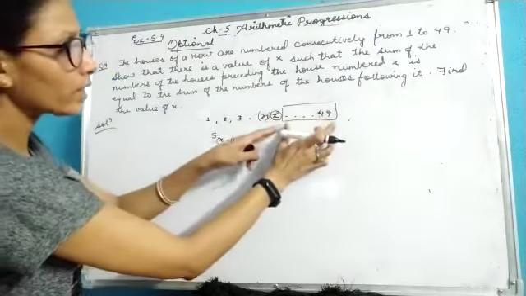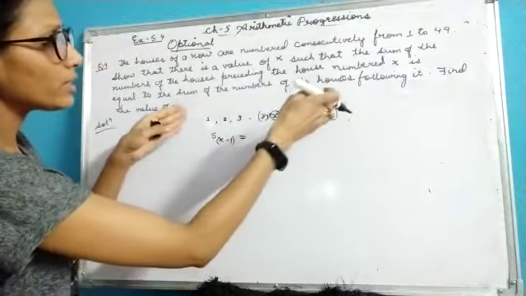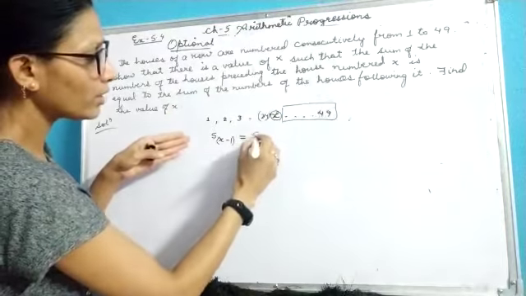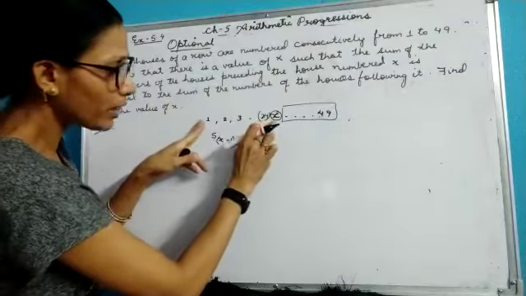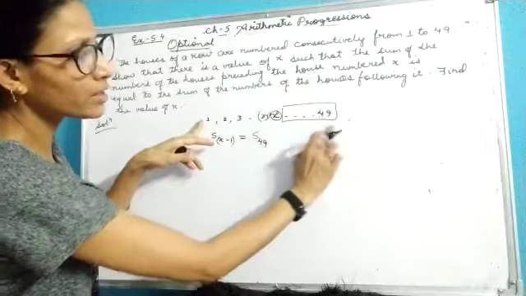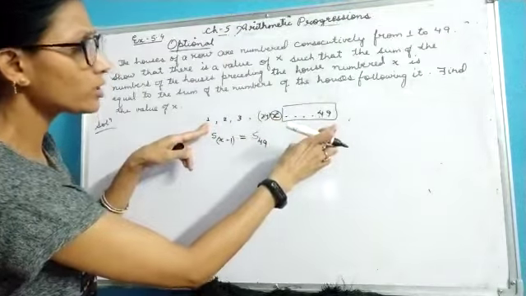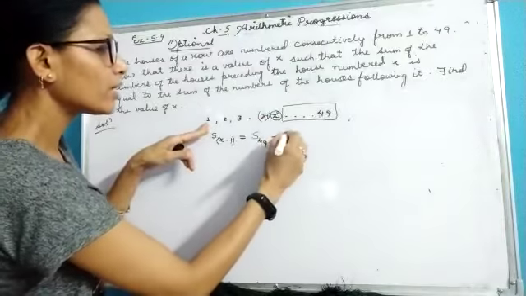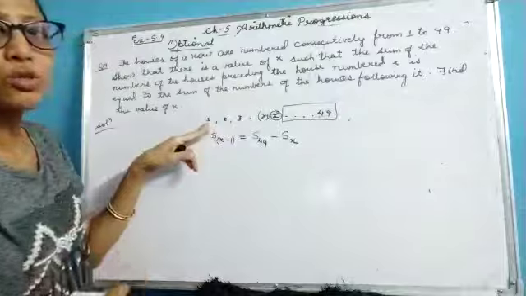But then how can I find the number of these terms? If I take the complete 49 houses and subtract up to here, then I'll be getting this one. So I'll take the sum of 49 houses and subtract the sum up to x from it, so I'll get the rest of the part.